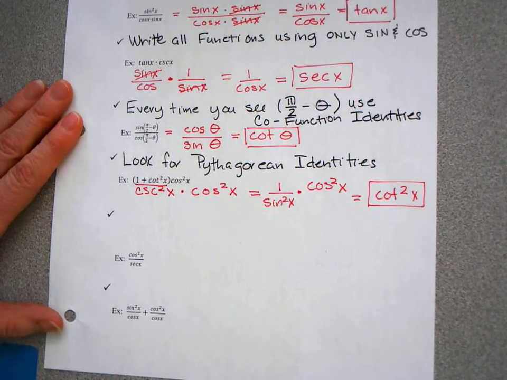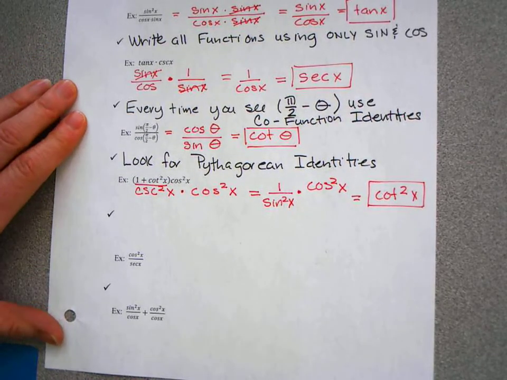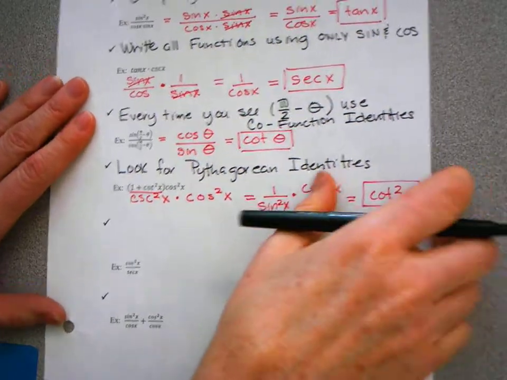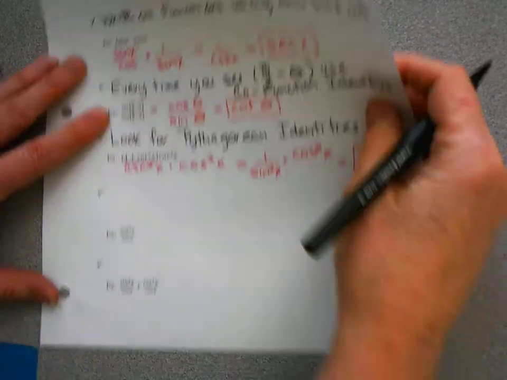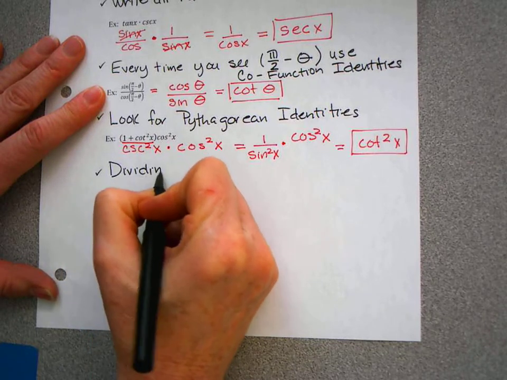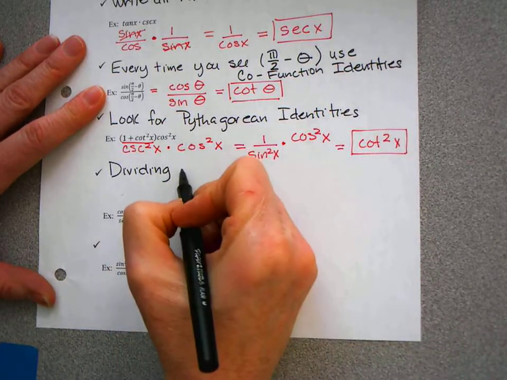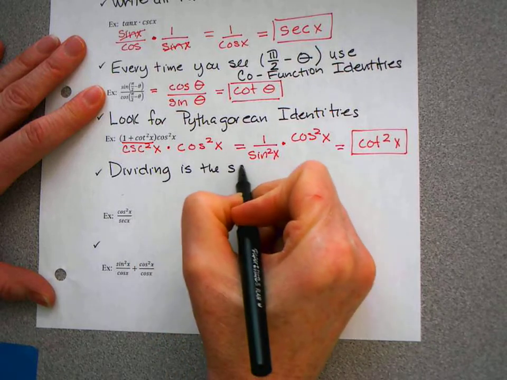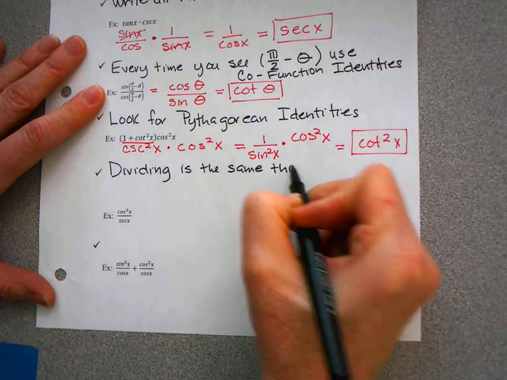Okay, and the next strategy is a simple algebra rule that you already know. Dividing is the same thing as multiplying by the reciprocal.